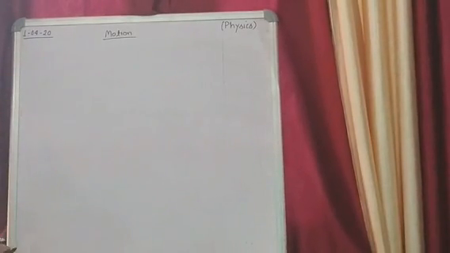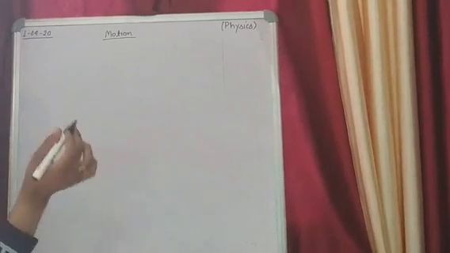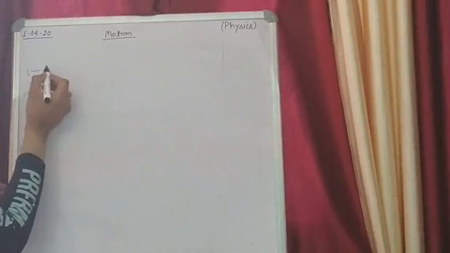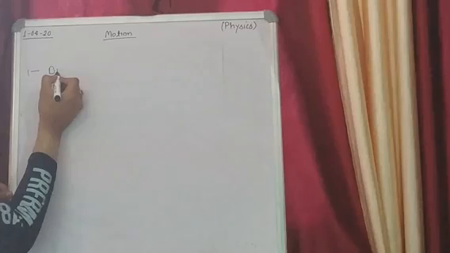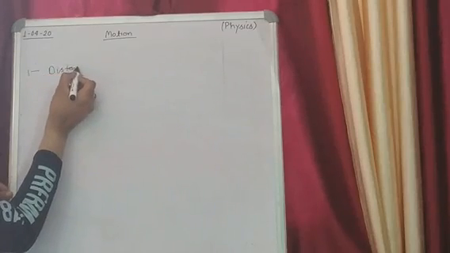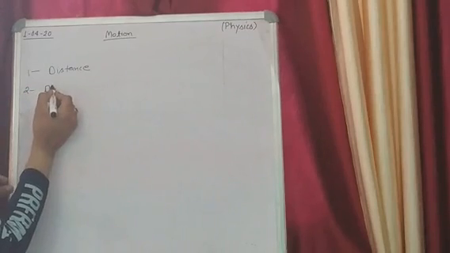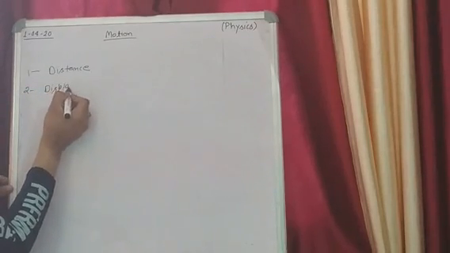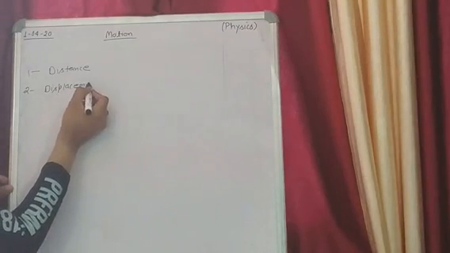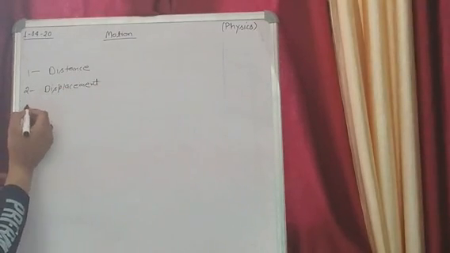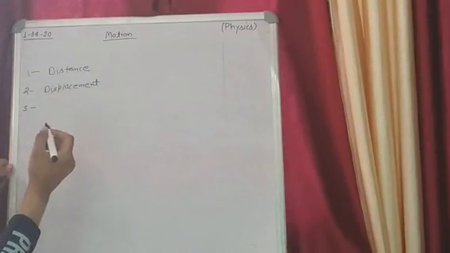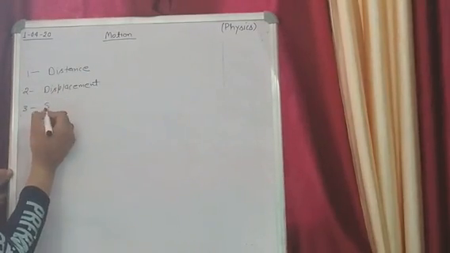Okay, got it? Now, in this chapter, we will read some physical quantities. First, we will read about distance. Then, after distance, we will go through displacement. Then, number 3, we will read about speed.